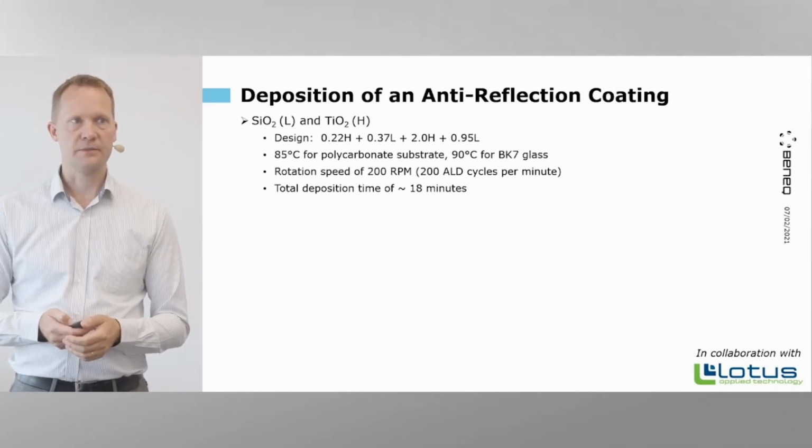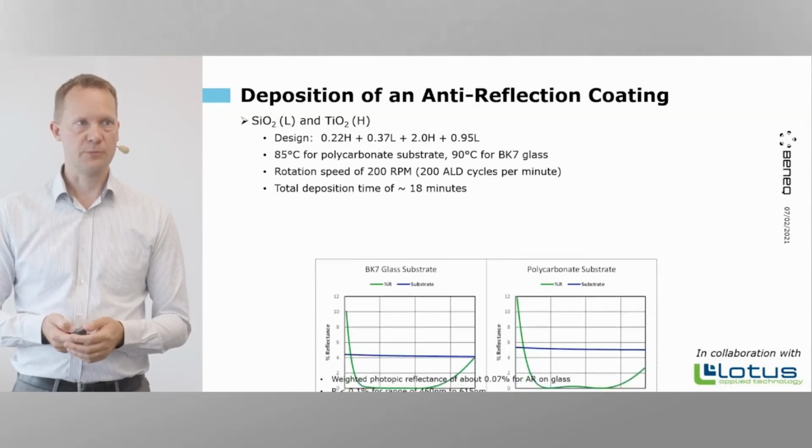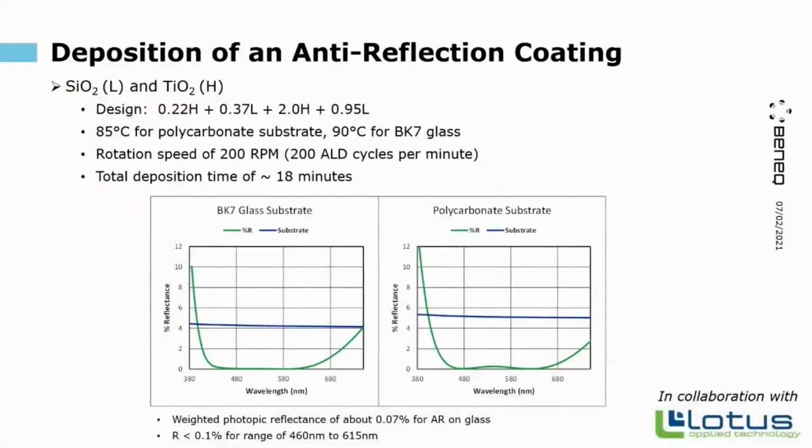It took about 18 minutes to deposit the stack, and the results were, well, as expected, naturally, but showing quite nicely the very good performance, especially on the glass, and also on polycarbonate. Quite good performance can be reached with this. And this is just a demonstrator that we can actually make stacks and build the optical coatings.